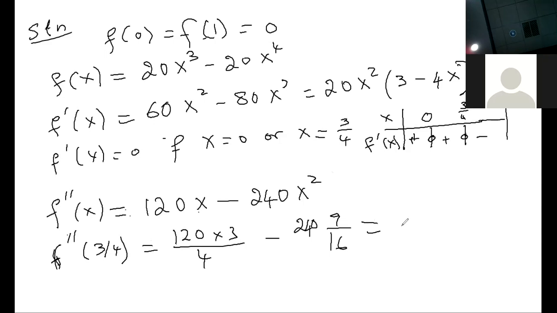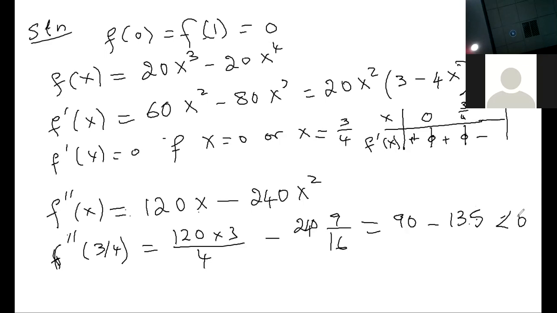Here, 120 by 4 is 30, times 3 is 90. 90 minus, 240 by 4 is 60, and 60 by 4 gives you 15. 15 times 9 is 135. So this will be a negative number.